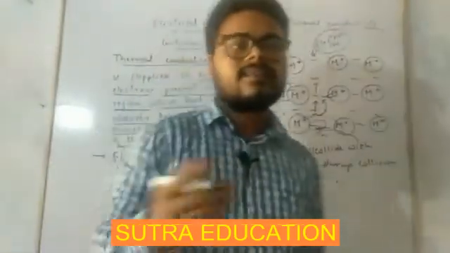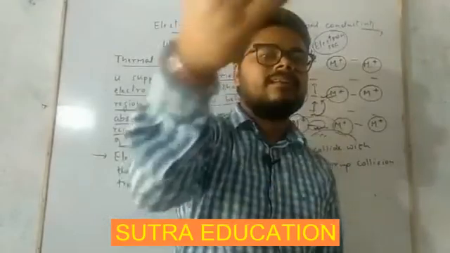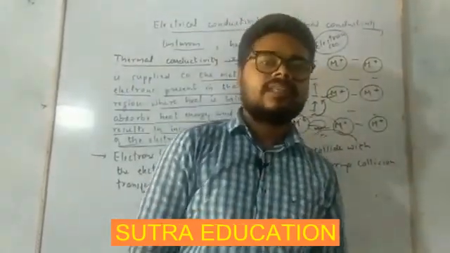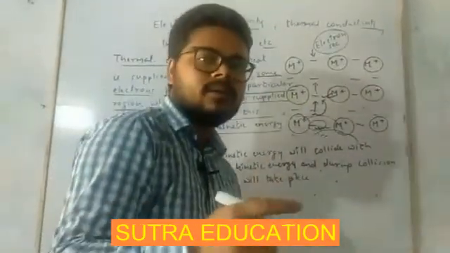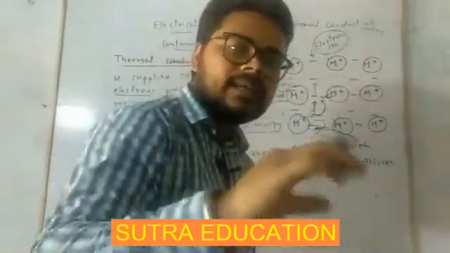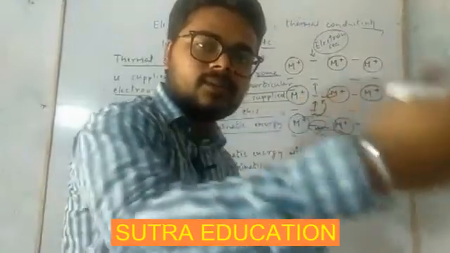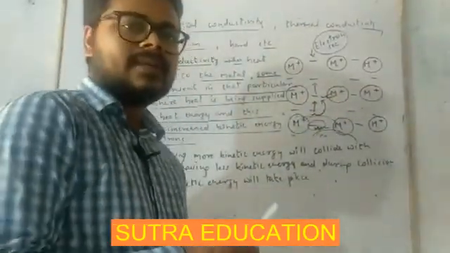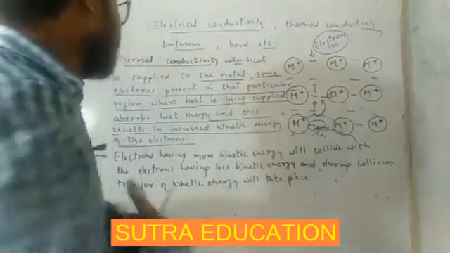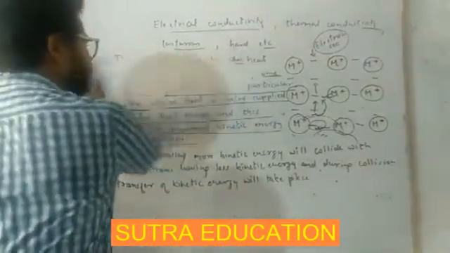And we know energy is transferred from a higher energy source to a lower energy source, so it is very obvious that kinetic energy will be transferred from the higher kinetic energy electrons to the lower kinetic energy electrons. I am not going to write this, you can simply understand this, and this process continues.